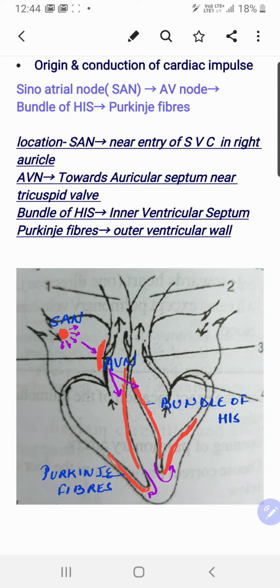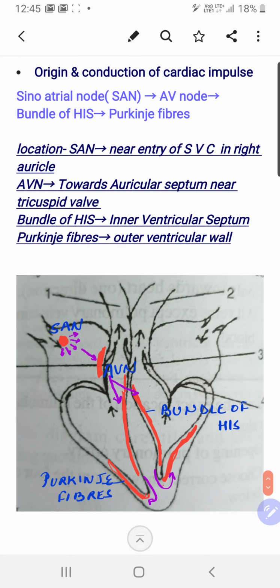How this stimulus is originated and conducted, children, always understand that I have written a few things here. The four important points in your heart act as a relay race. These four are the relay points which pass on the electrical impulse from one place to another.